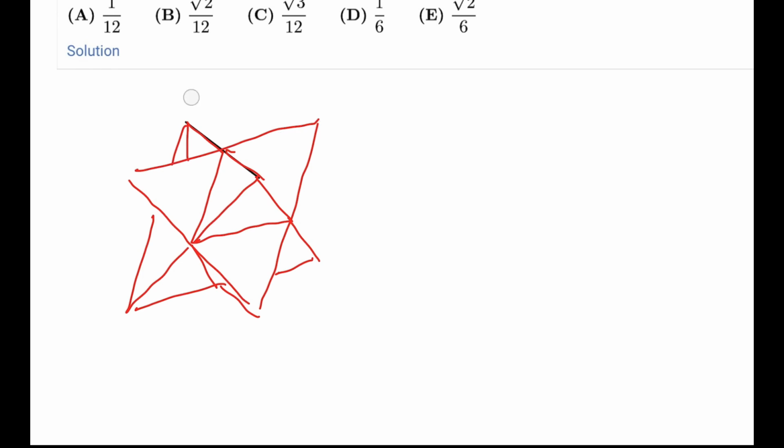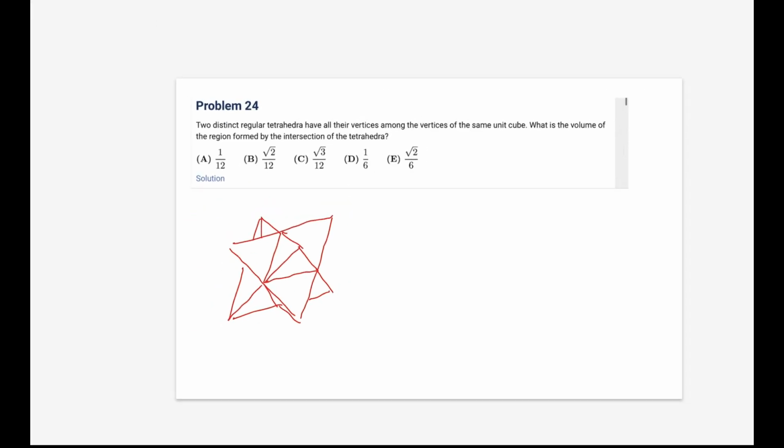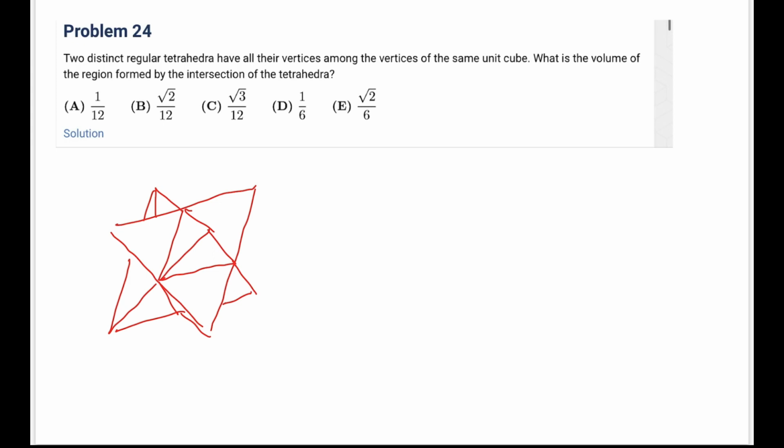And so it would basically be something similar to this, right? I don't know if you see it. I really hope you do. But then we can see that this shape has its vertices in the same unit cube, which is this one right here.